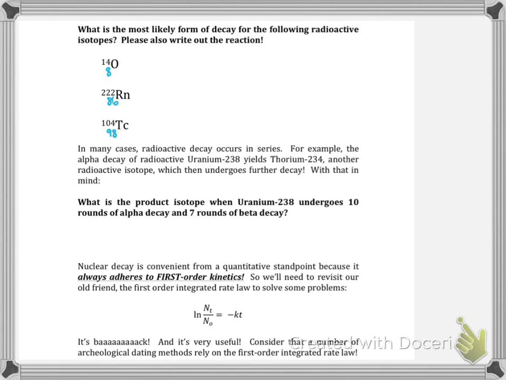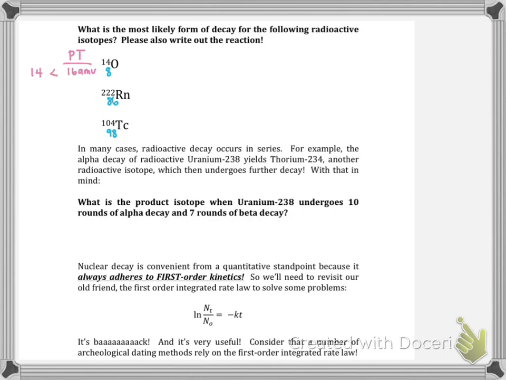So the periodic table mass for oxygen is about 16 AMU. Okay. And so our mass number here of 14 is smaller than that.